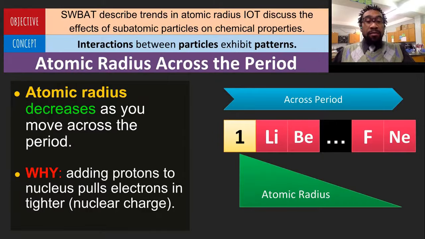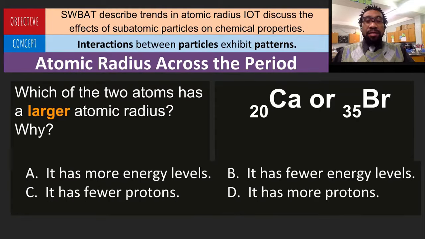Let's dive into an example. Which of these two atoms has a larger atomic radius, calcium or bromine? You decide. I would choose calcium. Because we're looking at calcium and bromine, we first have to recognize that they're in the same row, or period, which is period 4.